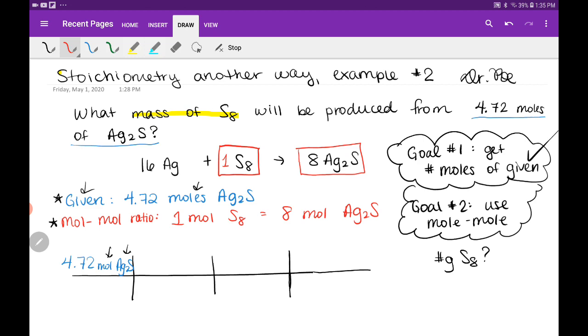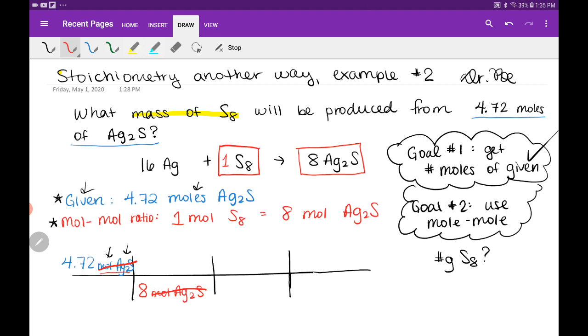And so the reason that we need moles right here is so that we can cancel those moles in the mole ratio. So we're going to put our 8 moles of Ag2S on the bottom, and because this is moles and that's moles, and this is Ag2S and that's Ag2S, then these two are going to cancel because they're exactly the same. The chemical's the same and the unit is the same.